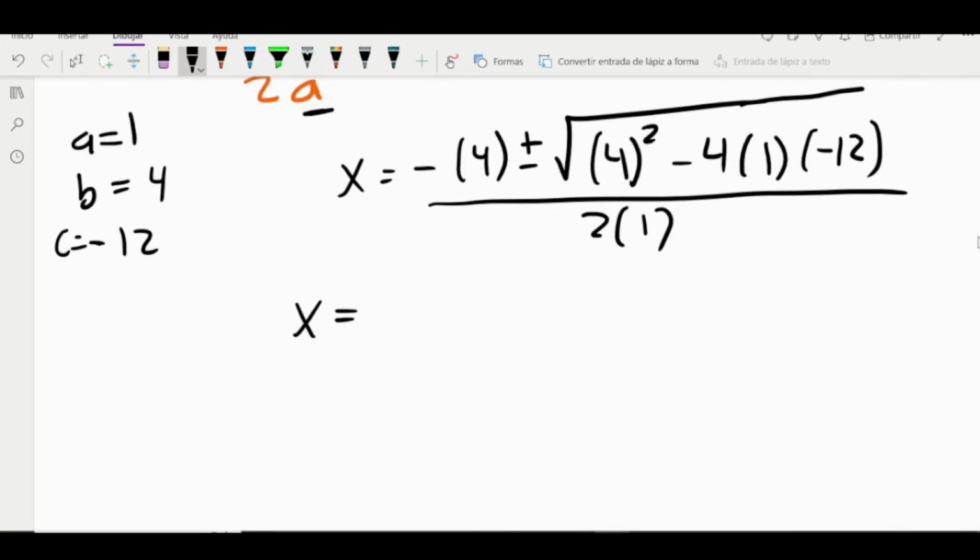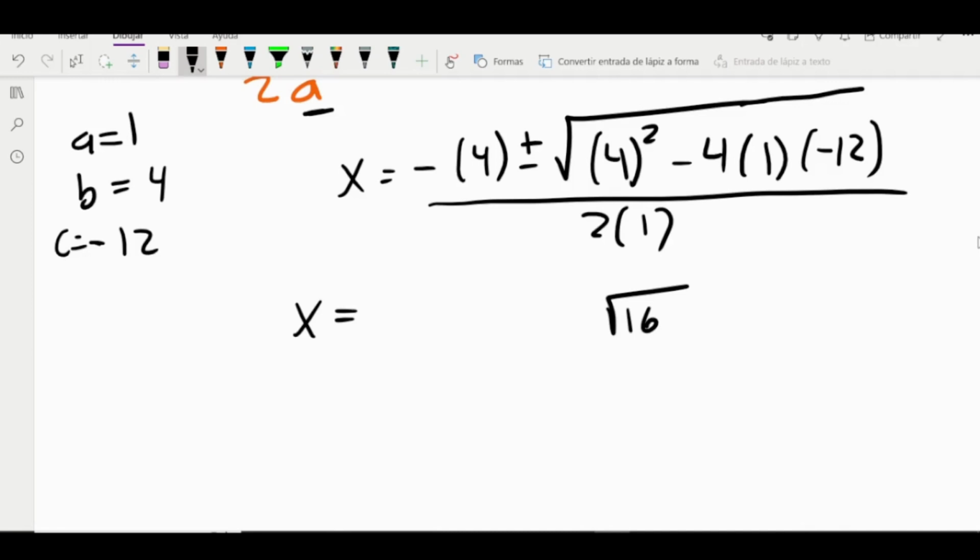One thing I recommend is to always start with the square root. Here we have 4 squared, so it's going to be 16, minus 4 times 1 times minus 12.